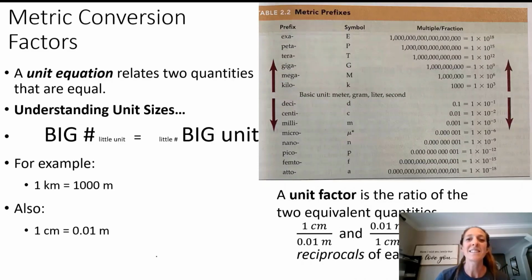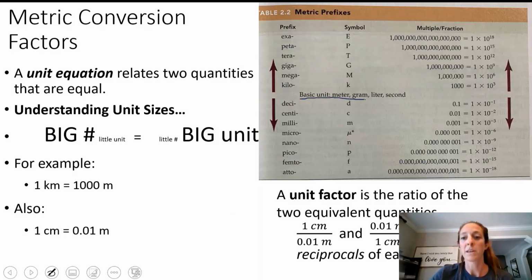All right, this lecture is about the metric system and looking at different metric prefixes and how to do dimensional analysis, which is a fancy term for converting from one unit to another unit using conversion factors. Here we have over on the right a chart that will be very useful.